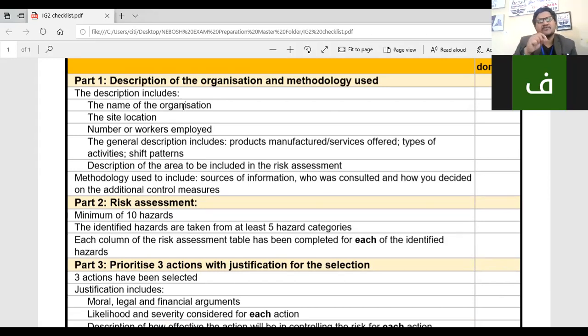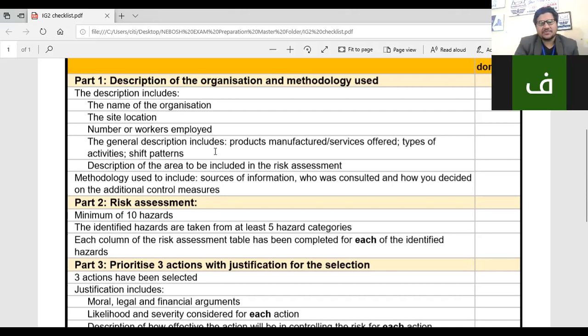If you want to keep it confidential, then use any name, maybe ABC or any name which is not existing. But if there is a sign of confidentiality, you need to follow it. Then the site location as well. Make sure it is there in part 1. Number of workers employed.